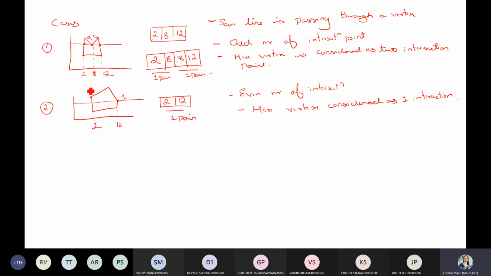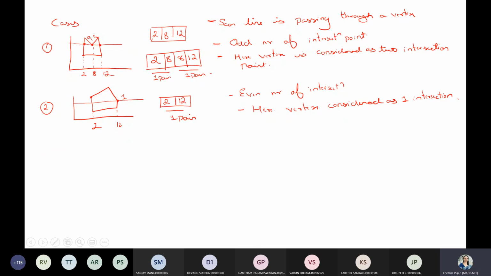So in these two cases, remember, even though it is passing through a vertex, you have to see to it that you are getting only an even number of intersections. If you are getting an odd number, then you can split the vertex. Your same vertex can be used as an intermediary between 2 points, hence you are counting the vertex twice. In this case, we have only 2 intersections, and you can see the edges are in this way, and it is considered as one pair. The only thing is you have to make sure that you have pairs.